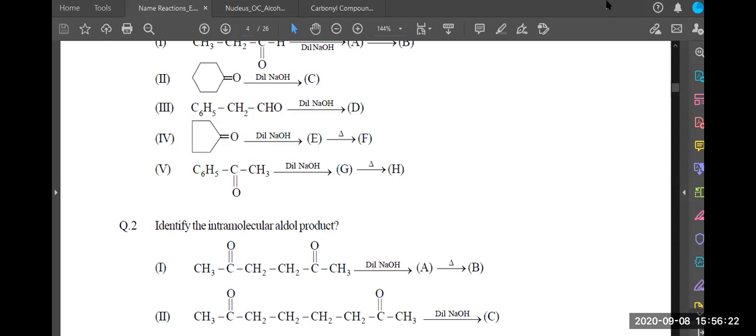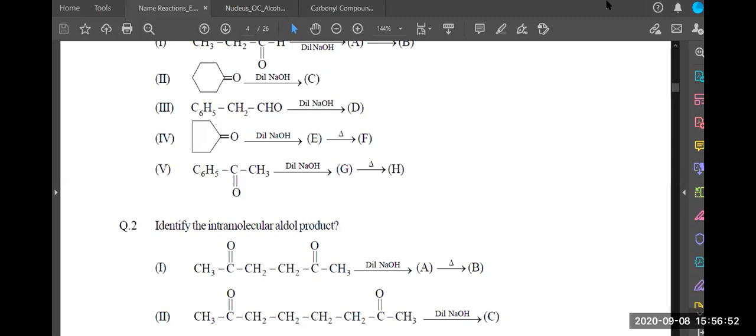The mechanism is the same, except for retro aldol. Cross-aldol condensation is the one in which we have two different aldehydes or ketones. We have multiple products; I guess all of you have already studied that.